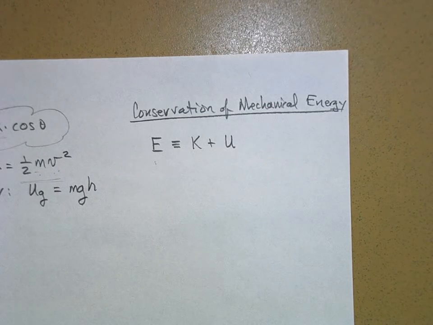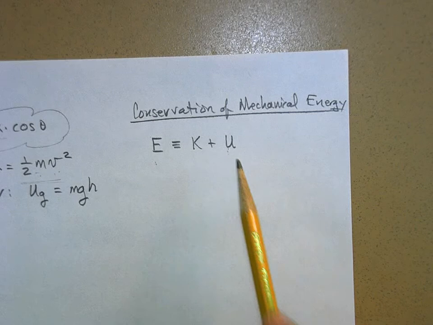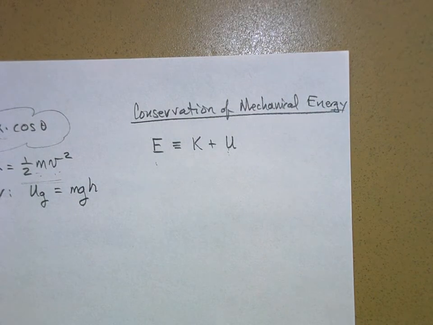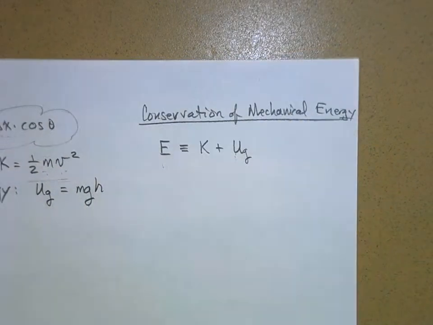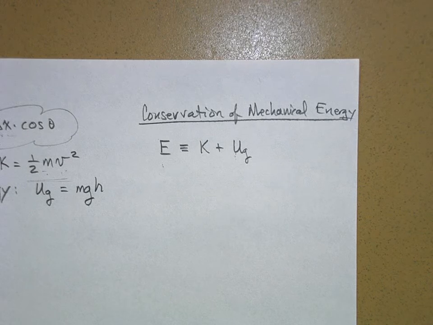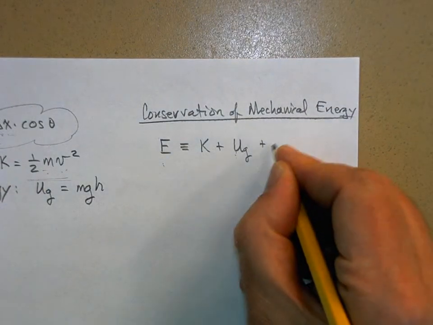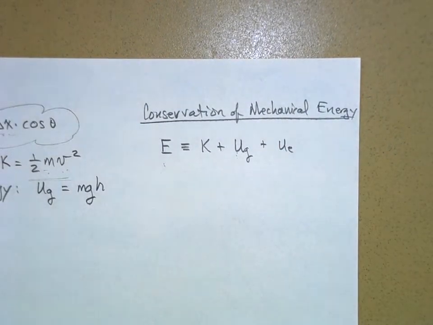Now, this potential energy includes elastic potential energy. But we're not going to worry too much about elastic potential energy for the test. But we are going to deal with gravitational potential. But we could have elastic potential energy in there as well.